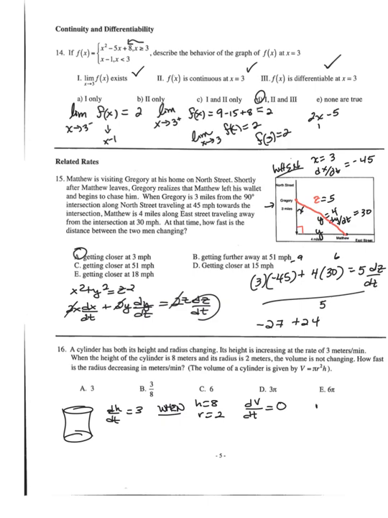So we want to relate the radius to V and H. So we have the volume formula, pi r squared h. However, dV/dt is going to be 0.